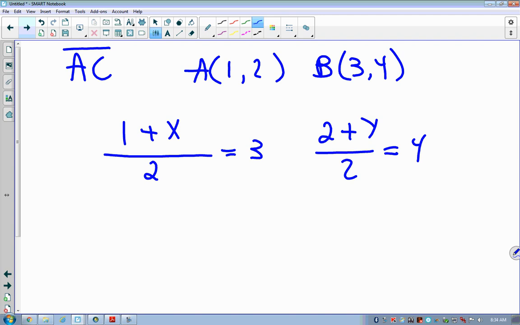So I'm going to solve for x and y, and that's going to give me the other endpoint. That's all going to solve for C. Does that make sense? So be careful if they tell you the coordinates of the midpoint and one of the endpoints, right? I'm going to have to set it up like this to find that other endpoint. Okay?